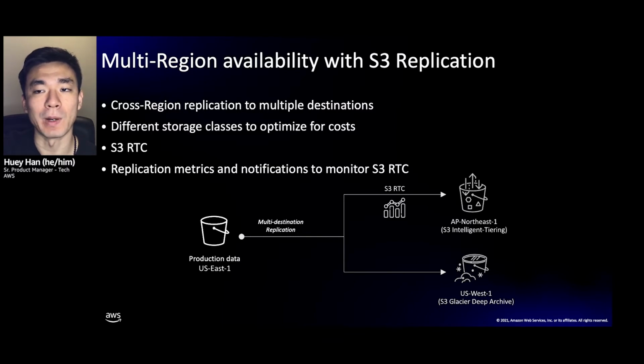So they set up replication time control. And note that by default, enabling replication time control also enables customers to monitor replication progress through metrics and notifications. For the other destination bucket, however, since it's for archival reasons, the customer doesn't need such predictability with the replication and therefore left it as default replication and not replication time control.